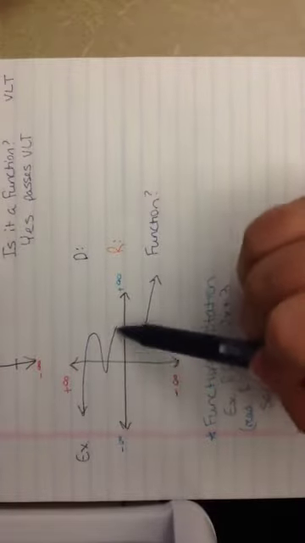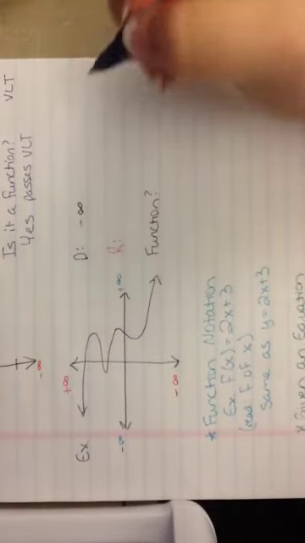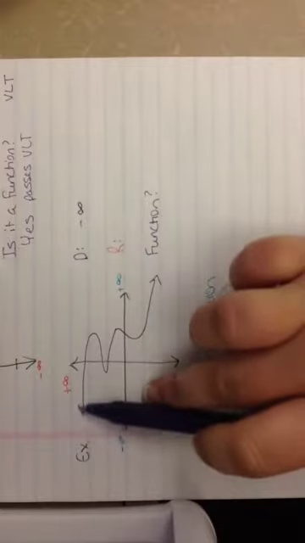Okay, on this next one, this is just a nonsense graph. I don't know that it even has an equation, I just made it up. Well, or Mrs. Miller actually made it up. Same thing, to find the domain, you scan from the left, and the first thing I hit is an arrow, and since I was coming from the left and that's a negative direction, that means negative infinity.